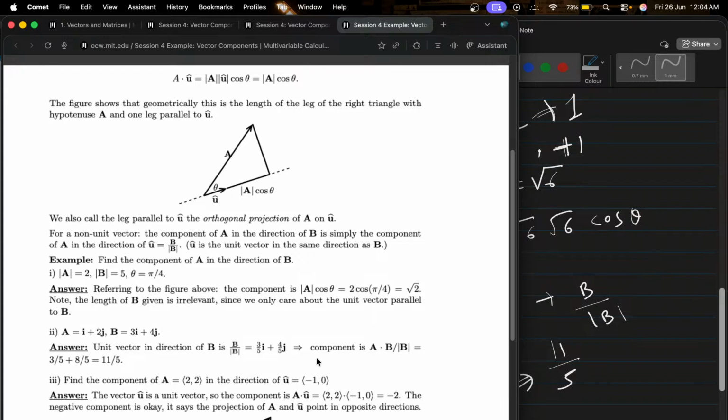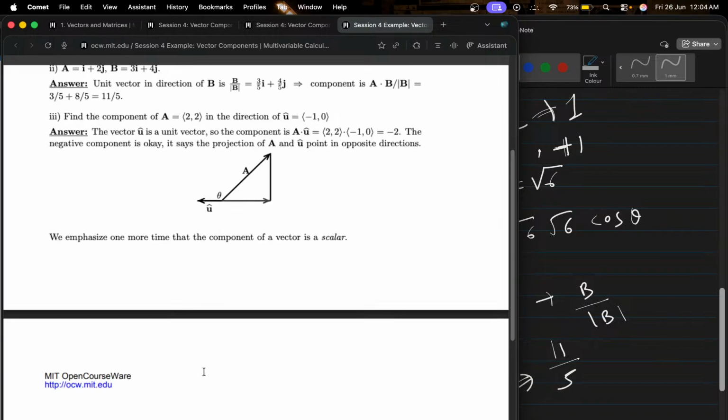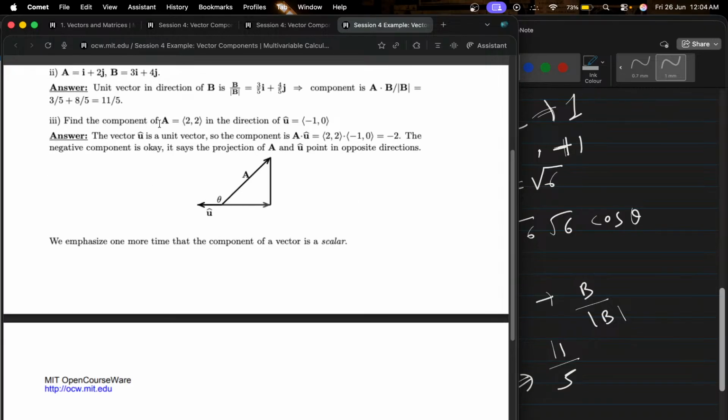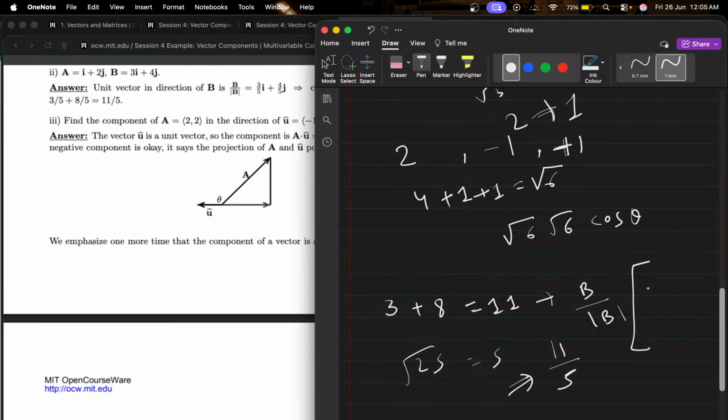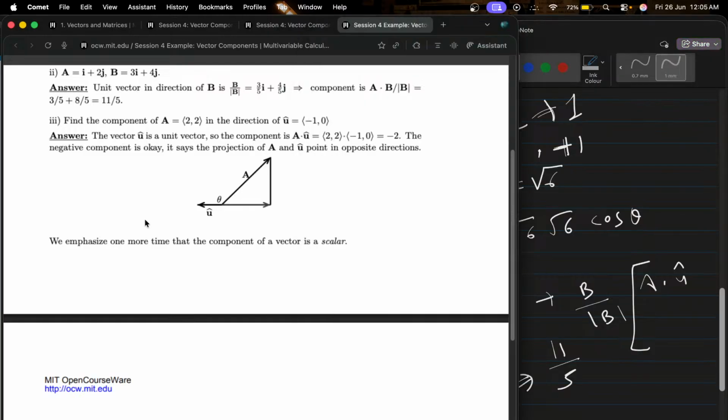Yeah, I think we can move ahead and let's find the component of A in the direction of U cap. We have everything present here. So we are doing A dot U cap. A is this: 2, minus 2 into 0.